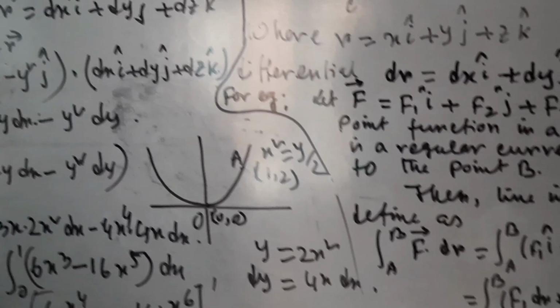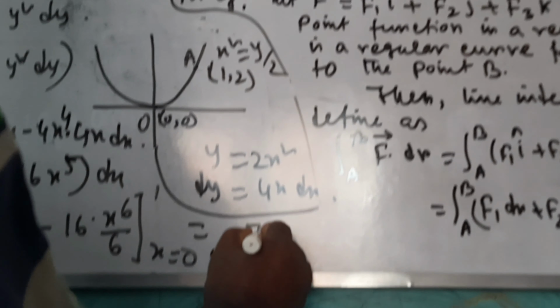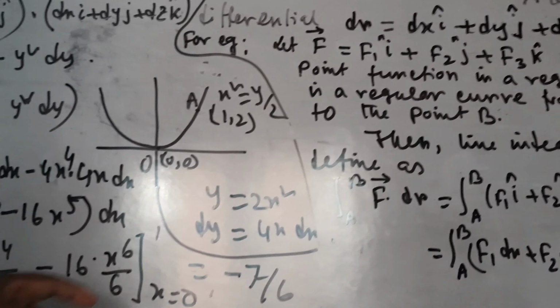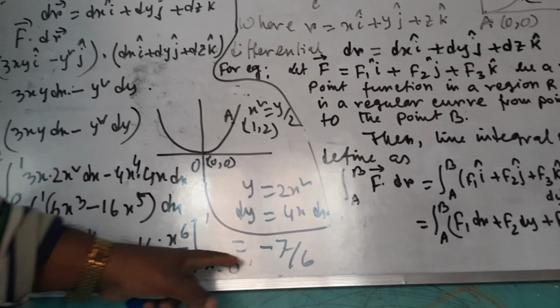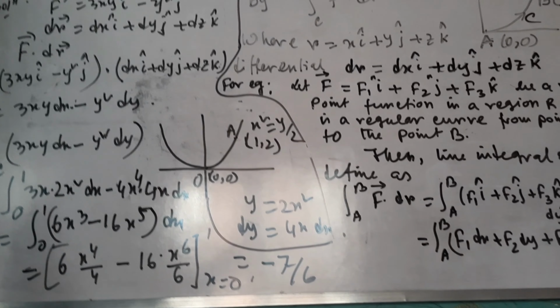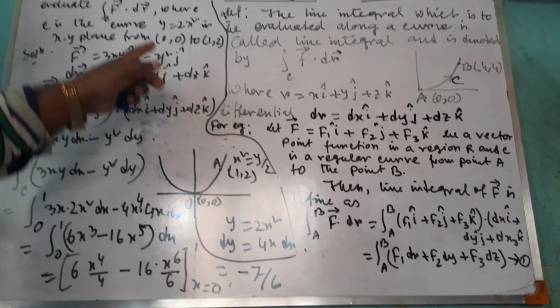If we put the upper limit and the lower limit 0, that is 6 by 4 minus 16 by 6. The answer is minus 7 by 6. This will be the answer of this sum.